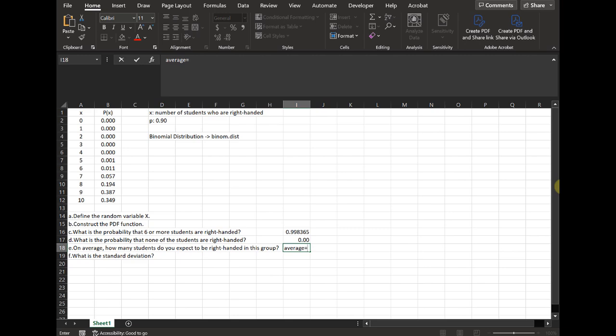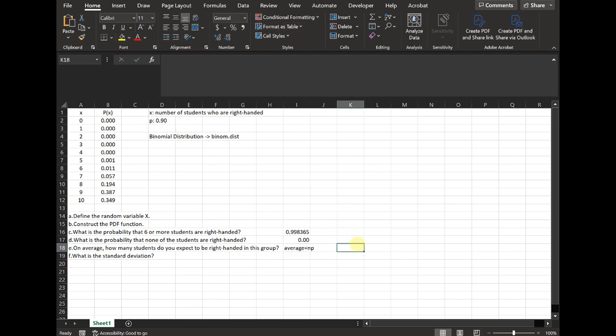This is just going to be P times N. And again, that is because for an average, this isn't data that we have, this is probabilities. So that is just a different formula that we have to use. Actually, I think the way it's written in the book is NP, so I'll write NP instead of PN.